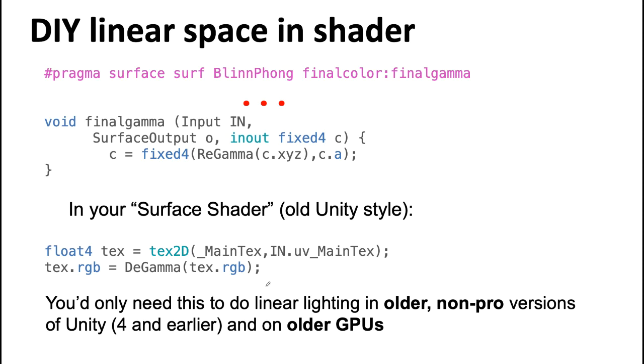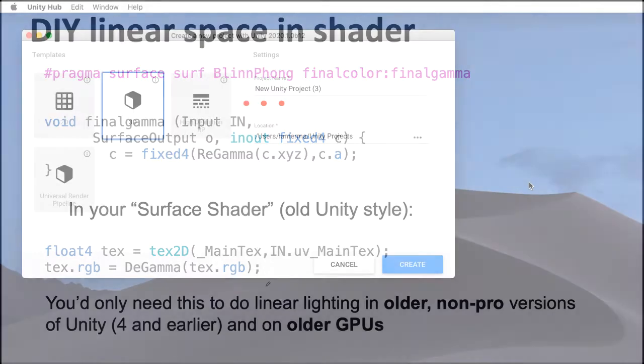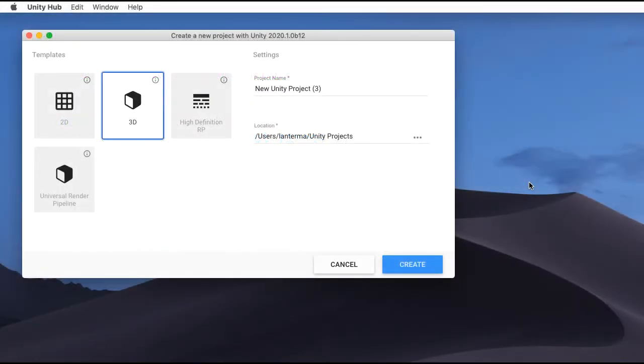So linear space lighting supported by the GPU is something you could do in the Indie version of Unity 5 onward. And they kind of had to do this because starting with Unity 5, they really pushed physically based rendering. And for that to make any sense at all, you really have to be combining lights in a linear lighting space.